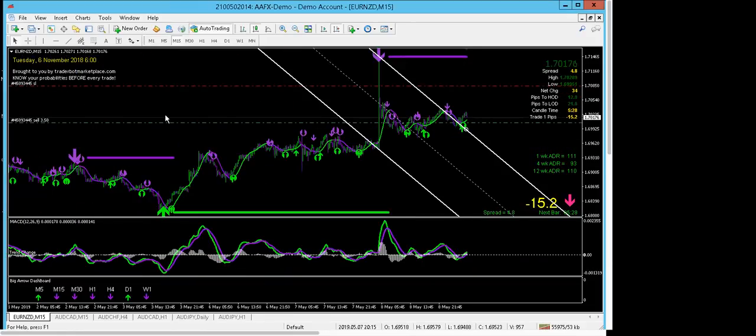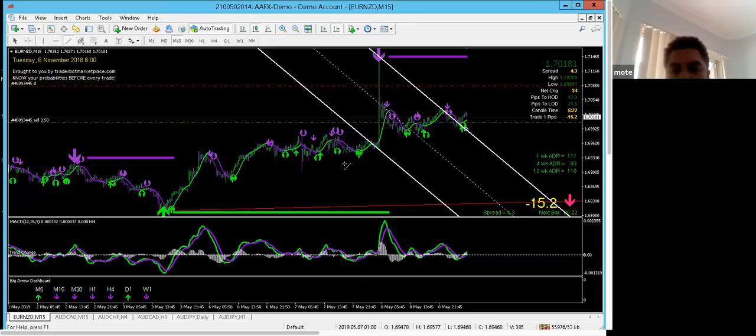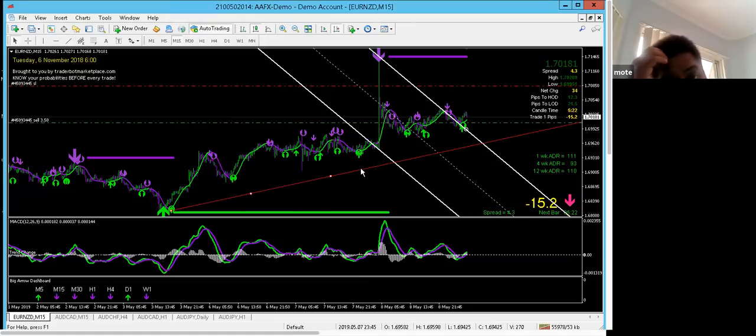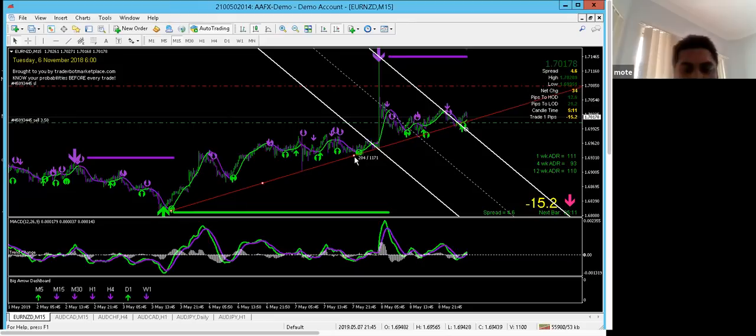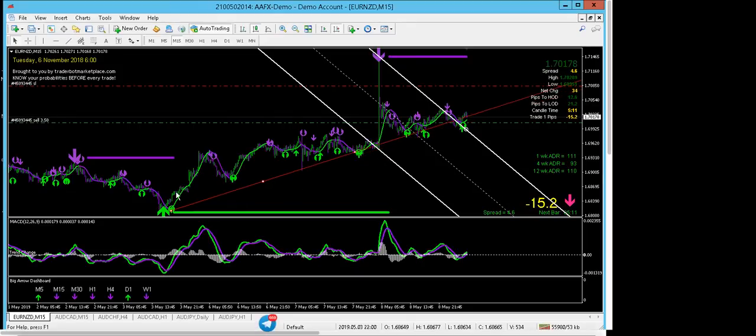You can draw a breakout box, or you can wait for it to break. Let's see. When it breaks this, that is the perfect entry. That's when you get a confirmed entry.